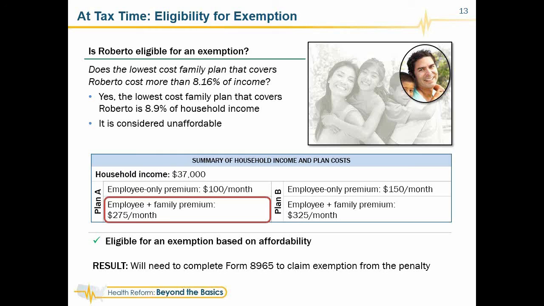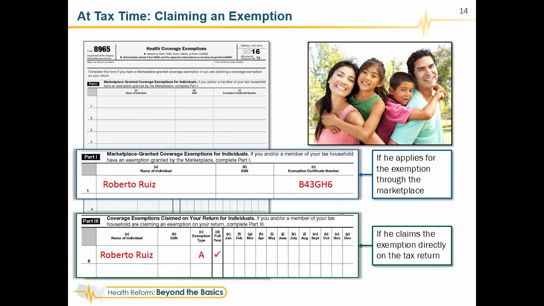At 8.9% of household income, that's greater than the threshold amount of 8.16%. And so Roberto is going to qualify for an exemption based on affordability. Whether he applies for that exemption at the marketplace or later on the tax return, he'll still need to complete the Form 8965 to actually claim it on his tax return.